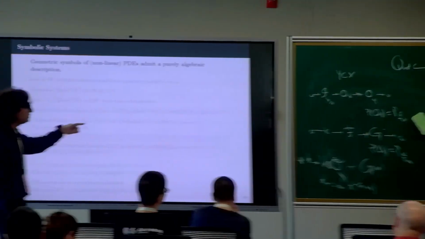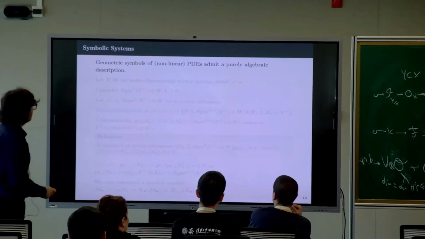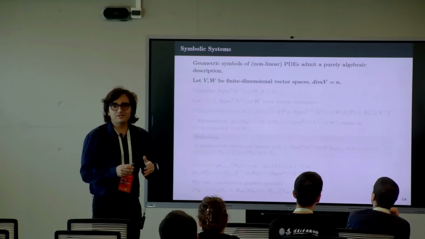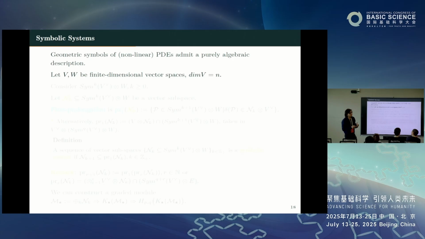All right, in order to define this regularity condition, you need to look at these co-symbols. First of all, let me tell you that this symbolic formalism is way more concrete and rudimentary than the theory of PDEs. In fact, using abstract algebra, you can define all of these notions. So if you have two vector spaces, look at the symmetric algebra of V dual times W. You can look at some subvector space, just abstractly, that has nothing to do with PDEs.